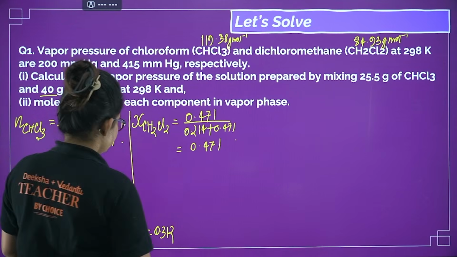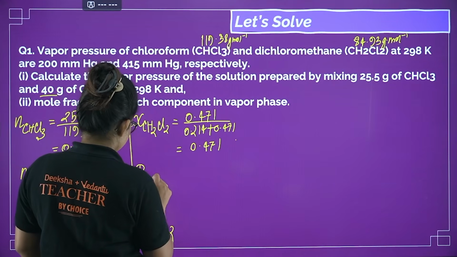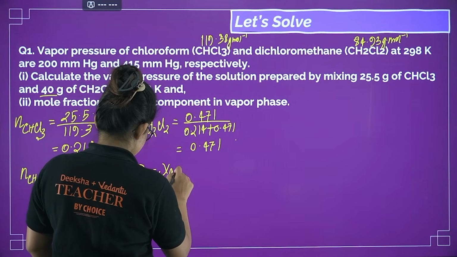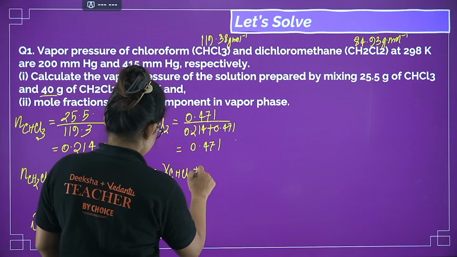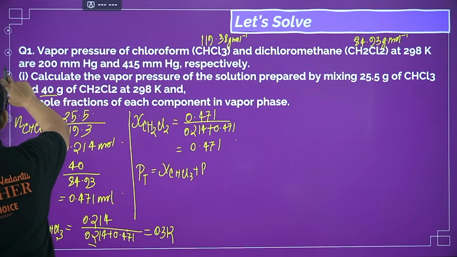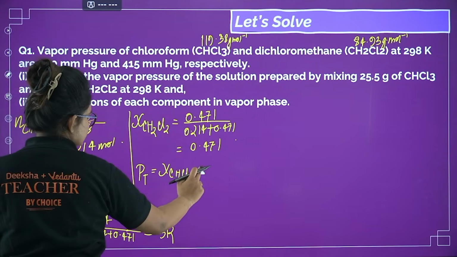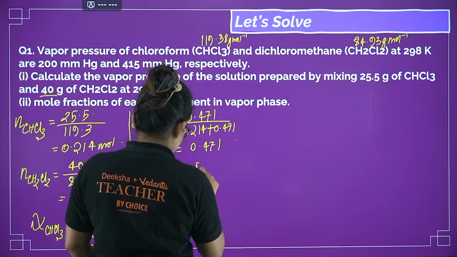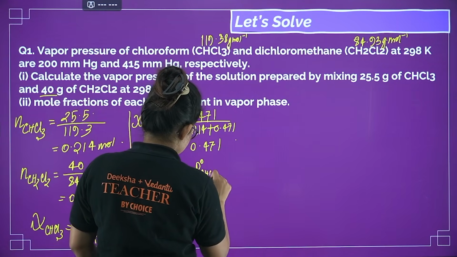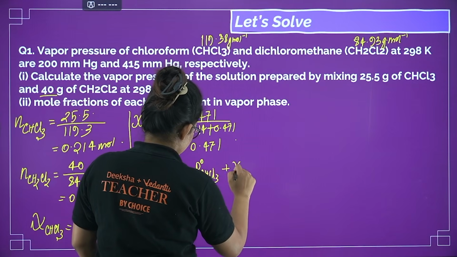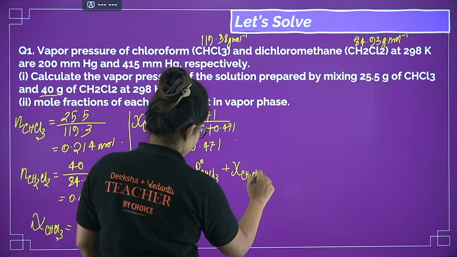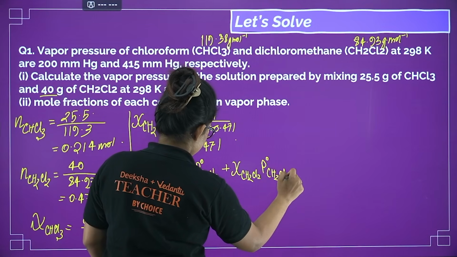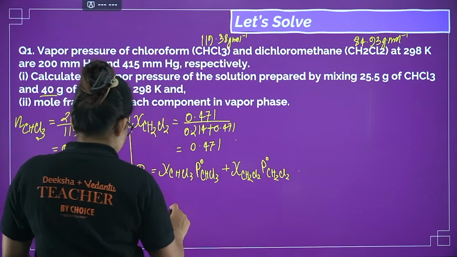Next, let's put them into the total pressure. Okay, so total pressure, if I want to write it, mole fraction of CHCl3 plus P, sorry, it's not plus, it's into. Mole fraction of CHCl3 into P0 of CHCl3 plus mole fraction of CH2Cl2 into P0 of CH2Cl2. Okay, let's put the value.